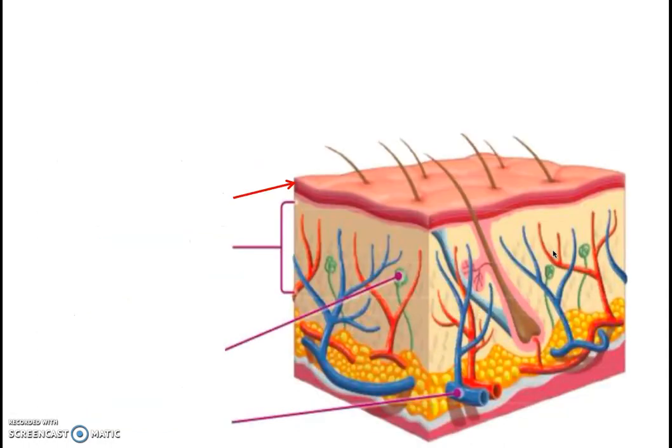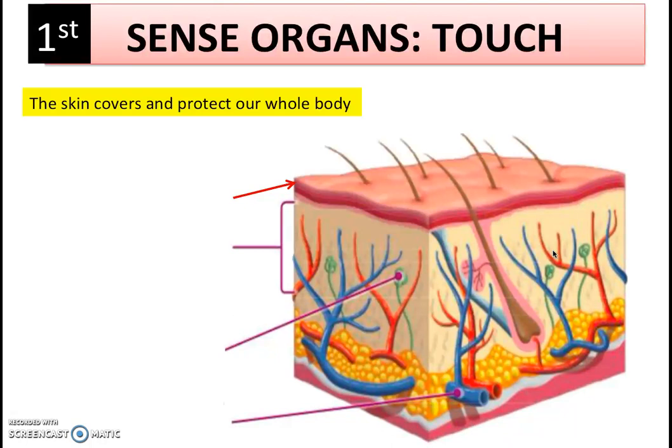Okay, and last but not least, we have the touch. First of all, what is the main function of the skin? Well, the skin is in charge of covering and protecting our body. And we will see different layers, diferentes capas, okay?